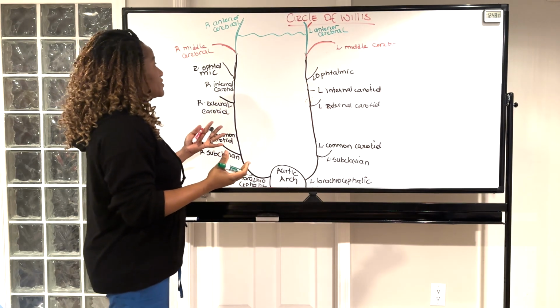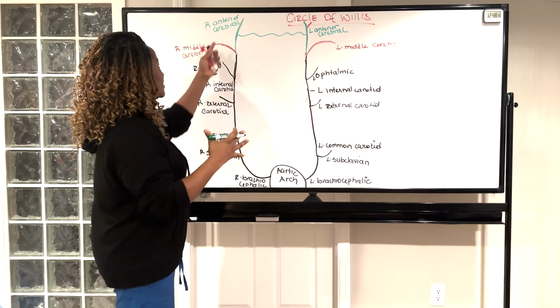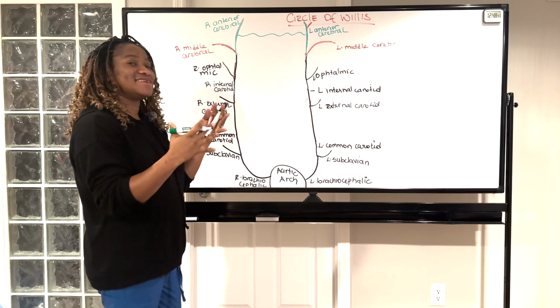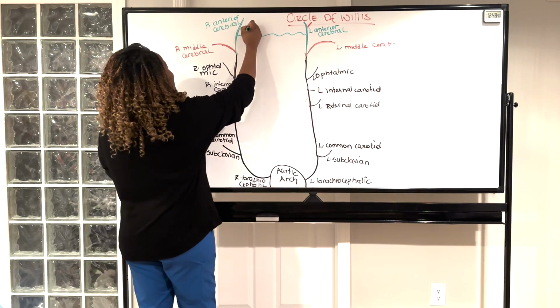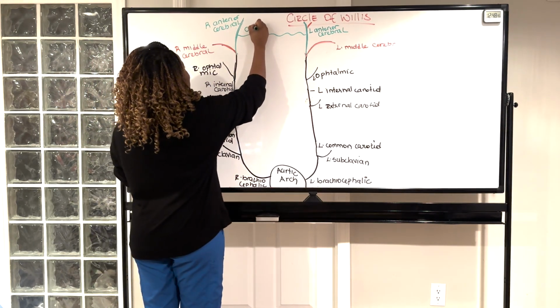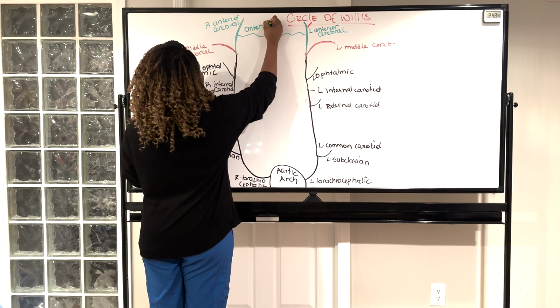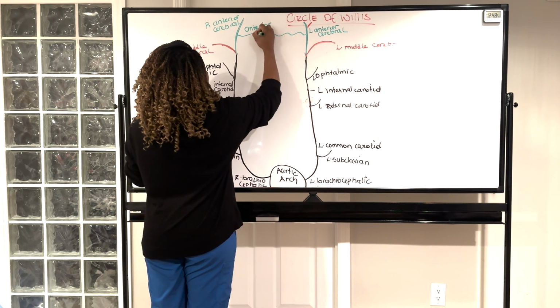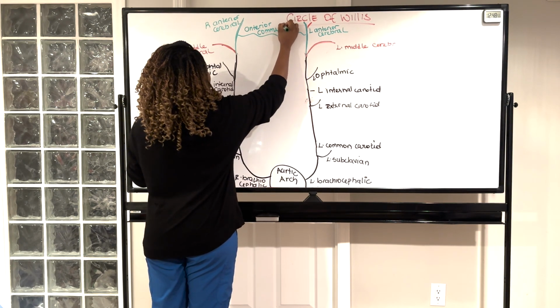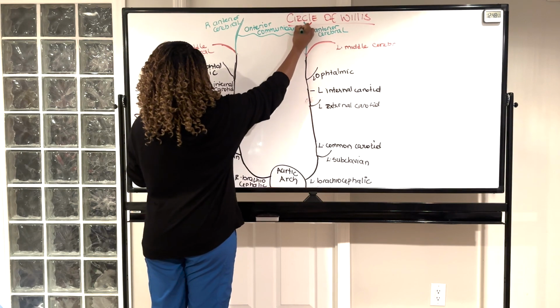It's easier to remember because the anterior communicating helps the two cerebrals communicate between each other. So here is gonna be our anterior communicating artery.